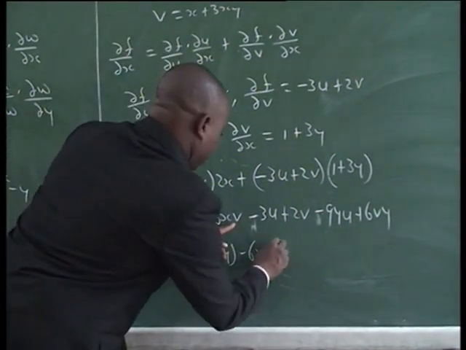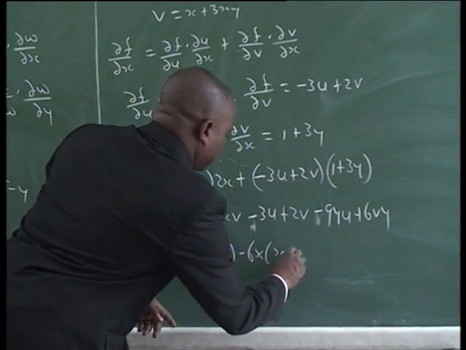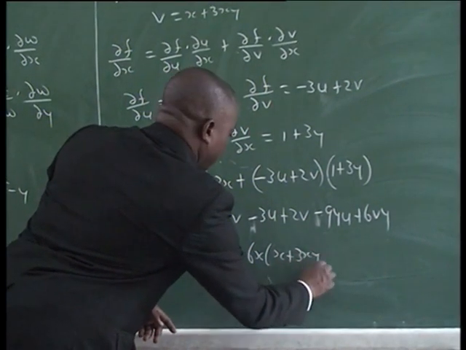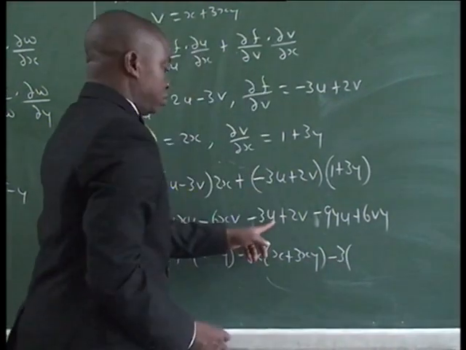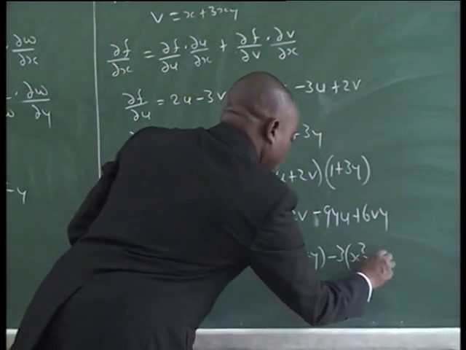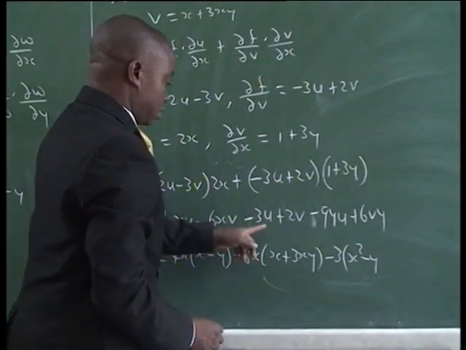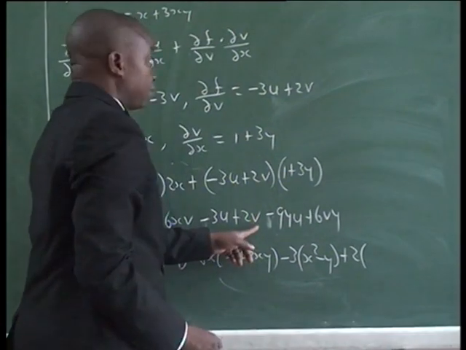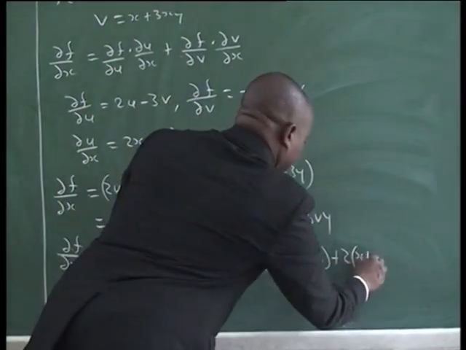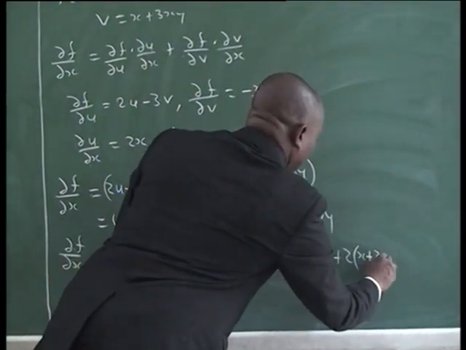V is x plus 3xy, minus 3u, u is x squared minus y, then plus 2v, v is x plus 3y.